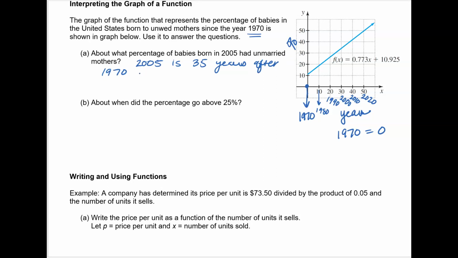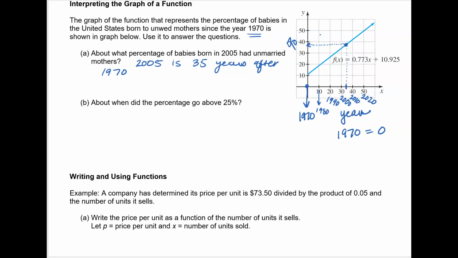Basically, we're trying to find an x value of 35, which is right here, or you can see it'd be between 2000 and 2010. So you can use the blue numbers that I did in the beginning, or between 30 and 40 there. And so if we go up, you want to find what y value that corresponds to on the graph. So it looks like it meets it about there, and then you're going to come over here. And this is not an exact science here. You're going to just do your very best when you're looking at it visually.